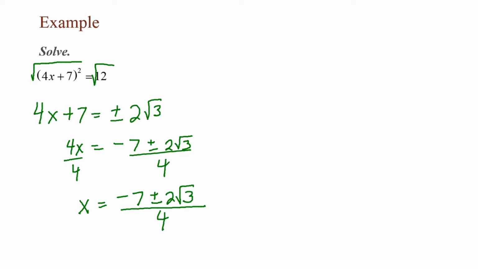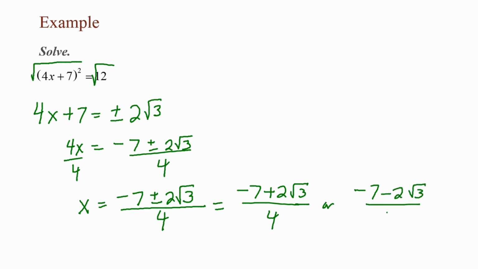In order for me to reduce this, the 7, the 2, and the 4 would have to have common factors. They don't, so this can't be reduced any further. I can also write my answer as negative 7 plus 2 square root of 3 divided by 4, or negative 7 minus 2 square root of 3 divided by 4.